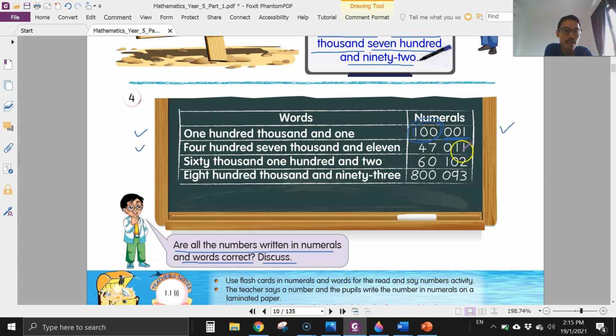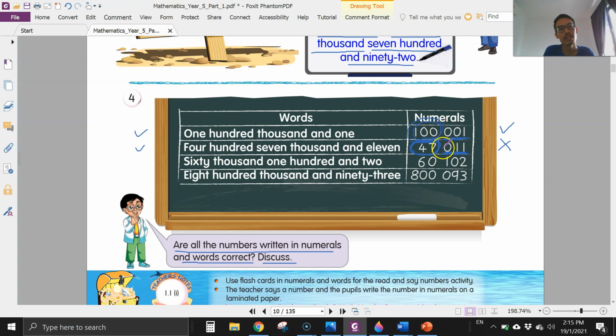Okay, let's see. So we underline the three numbers behind. You can see that the thousand group, kumpulan ribu ni, is only 47. Nampak tak? Hanya 47,000. So this 407,000 is wrong.